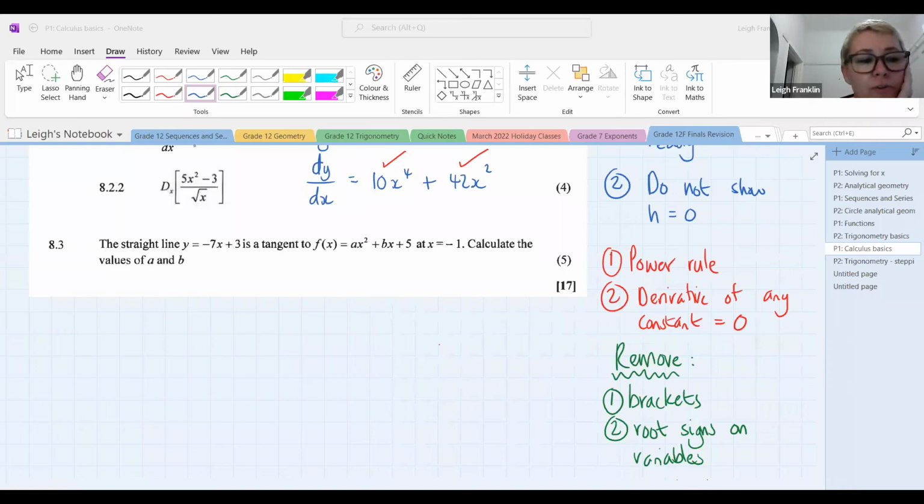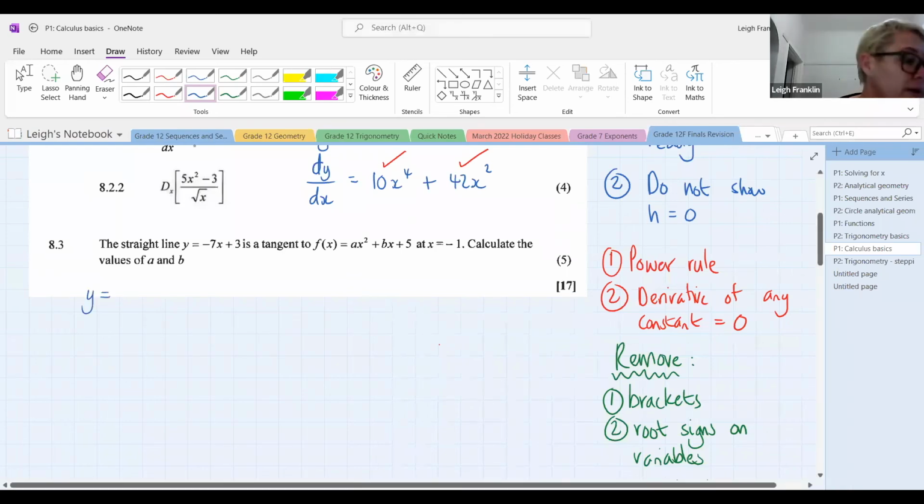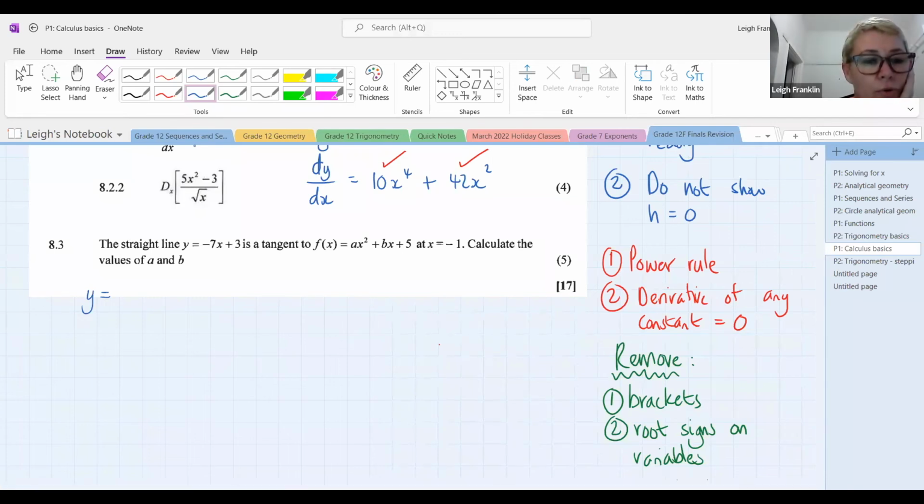So the first thing that we're going to do is sub in -1 over here. It's -7 times -1 plus 3, which is going to give us a y coordinate of 10. So we know the gradient at the point of tangency is -7.